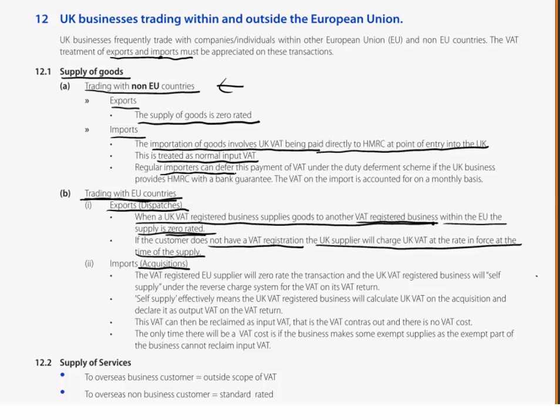Regular importers can defer the payment of VAT under the duty deferment scheme if the UK business provides HMRC with a bank guarantee. The VAT on the import is accounted for on a monthly basis.